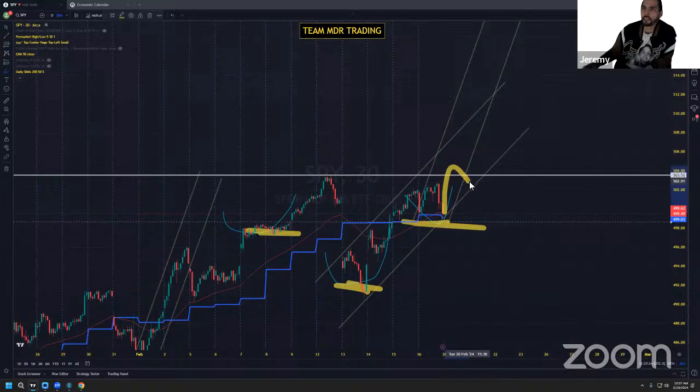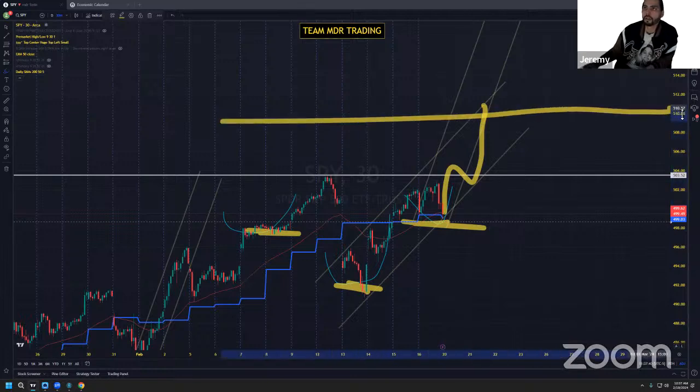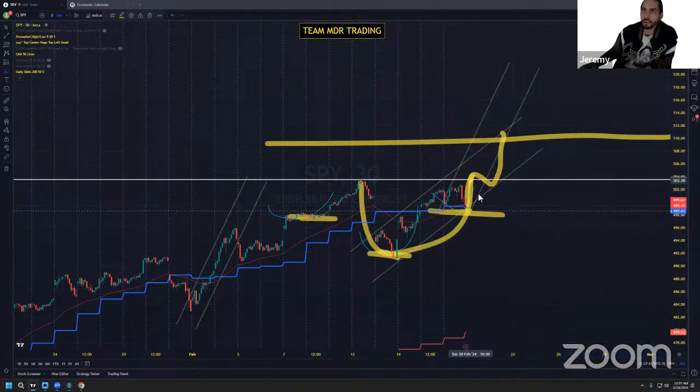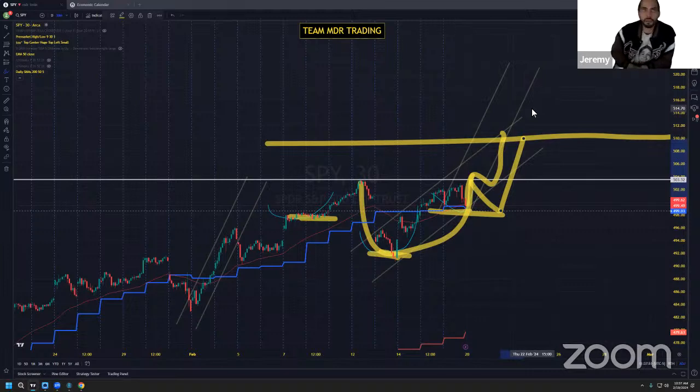Maybe up here, rejection, back up. 510 area. That would be the bullish scenario. You know, we completed the cup here. Break down, break up. So that's the bullish and bearish scenario.